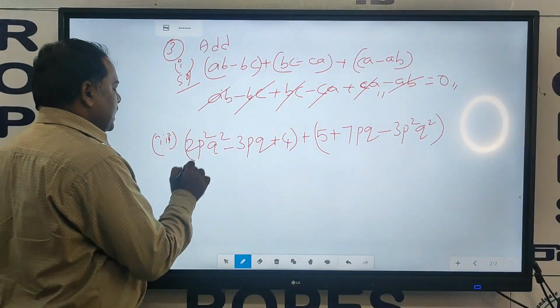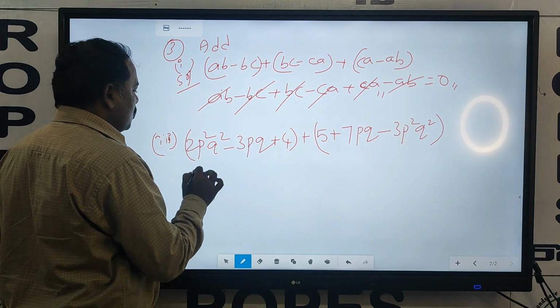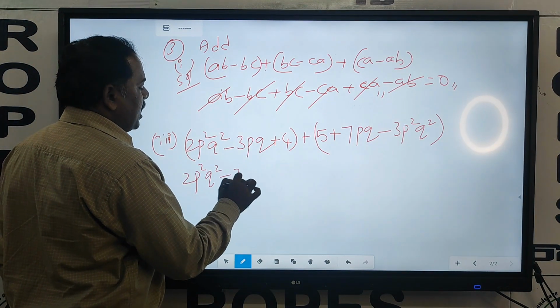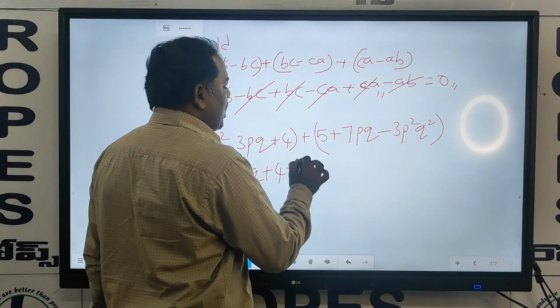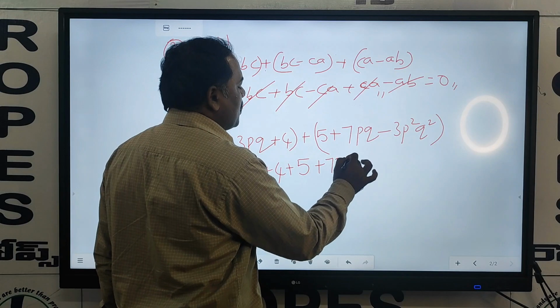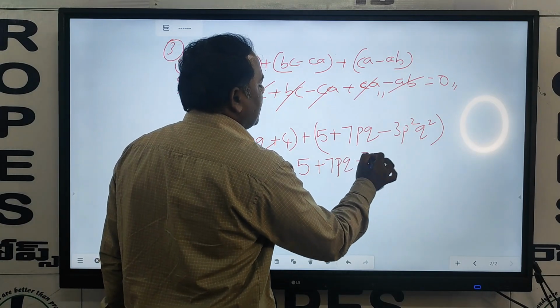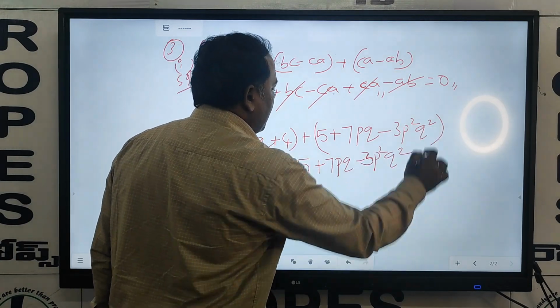They are asked to add. See, now we have to write this one, 2p square q square minus 3pq plus 4 plus 5 plus 7pq minus 3p square q square.